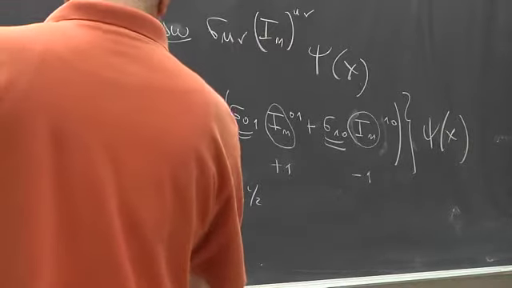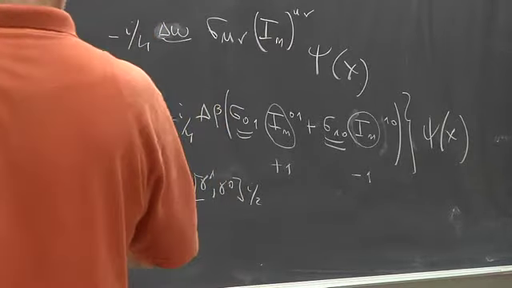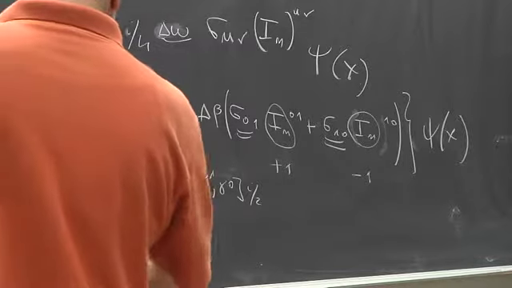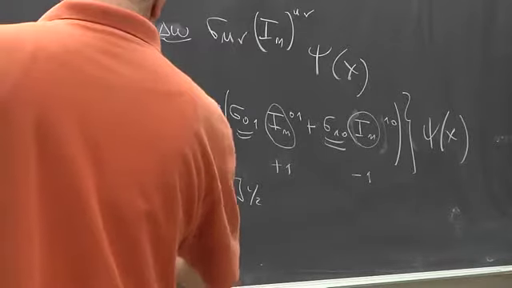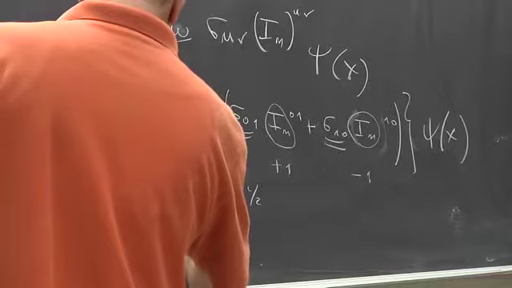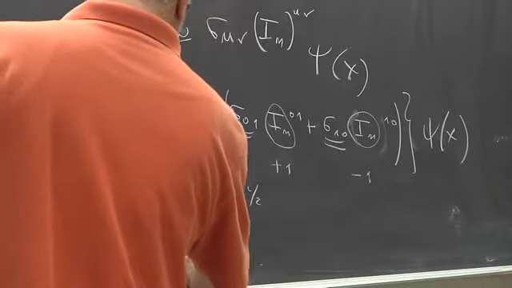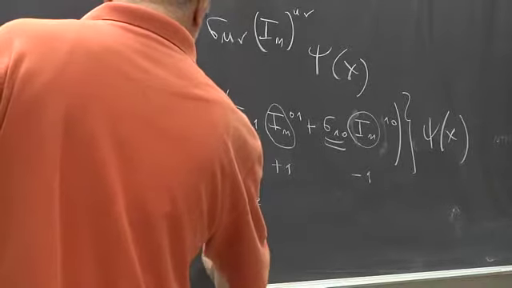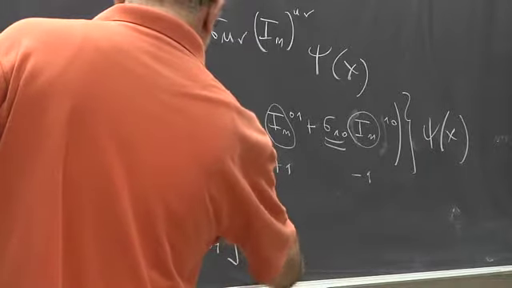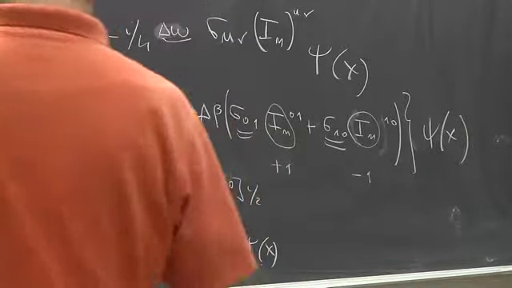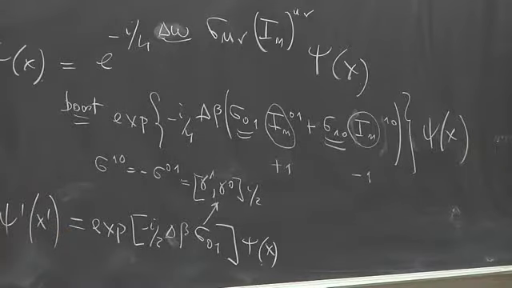The net result of this is psi prime of x prime equals exponential of minus i/2 delta beta sigma 0,1 acting on psi of x, and sigma 0,1 acting on psi of x is that one.